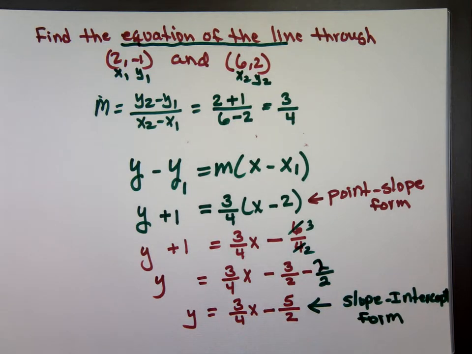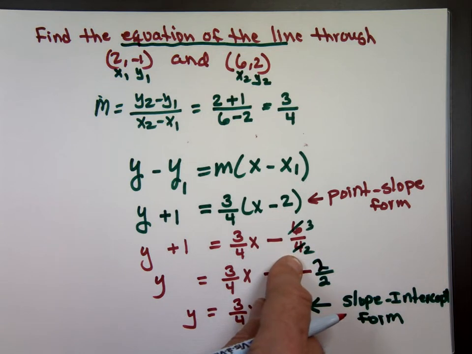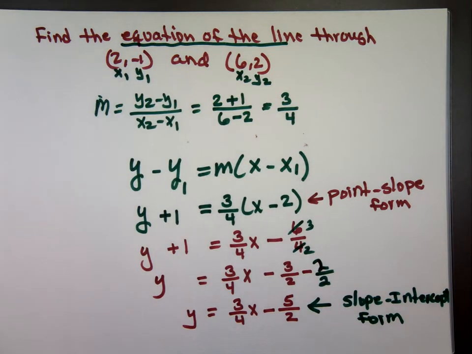I don't know if they care, to be honest with you. A mixed number does not make it better or more simplified than 5 over 2. You couldn't leave it 6 over 4 here, because you have to simplify it. So you can't say that's 10 over 4, that'll be marked wrong, so it has to be 5 over 2.